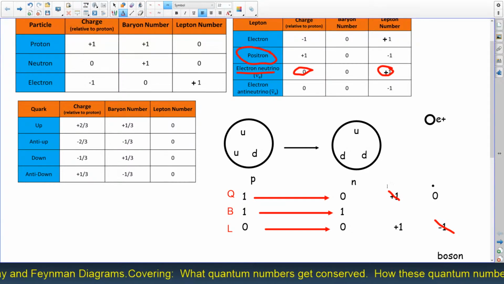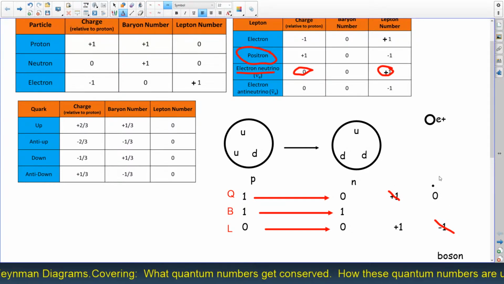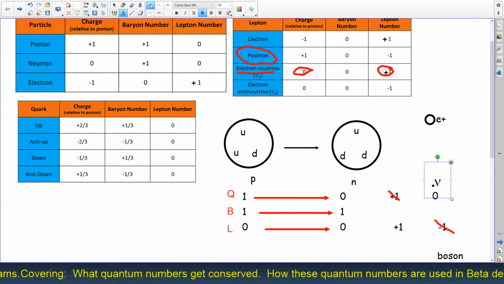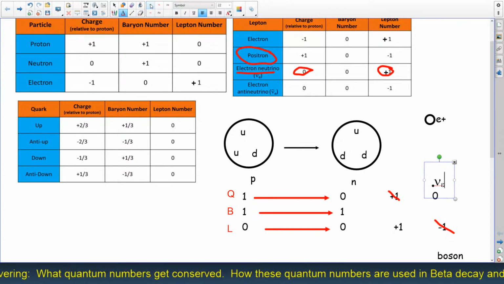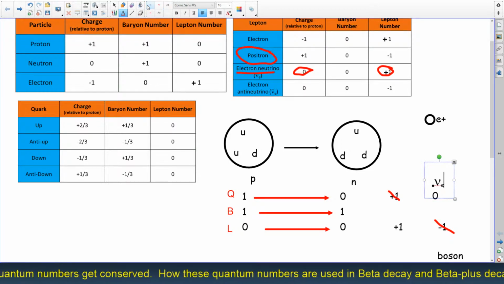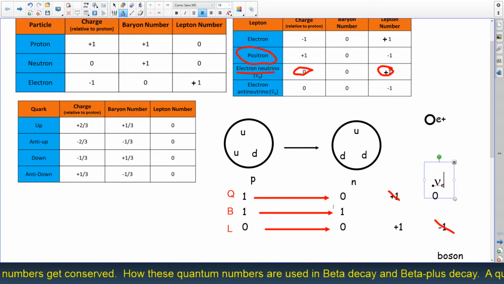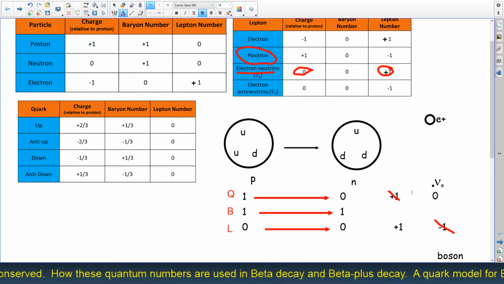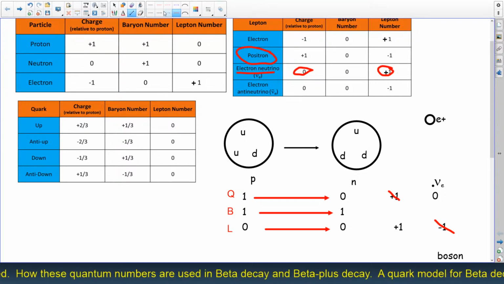Which is a little bit easier to write, so we can write that in here. So neutrino, and then a subscript e. I said it was easier to write, I lied, it wasn't. And that's beta plus decay, where you get a positron out, and this happens surprisingly frequently, actually.